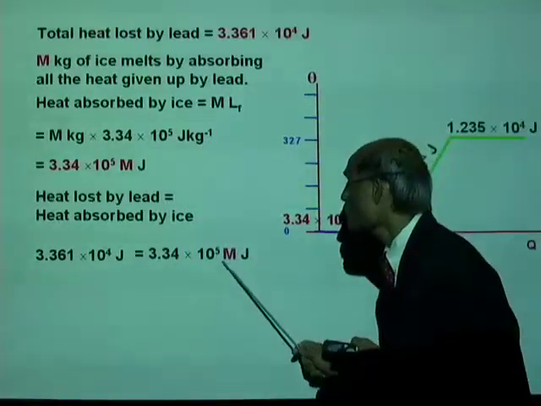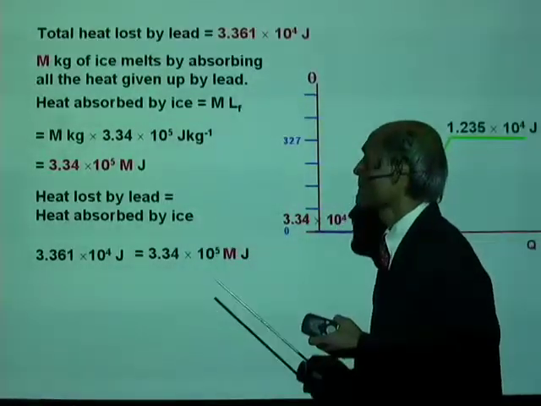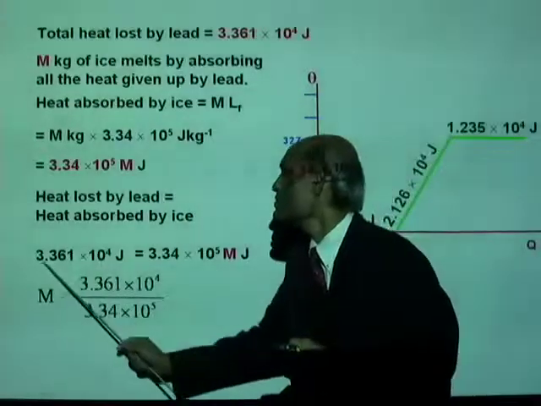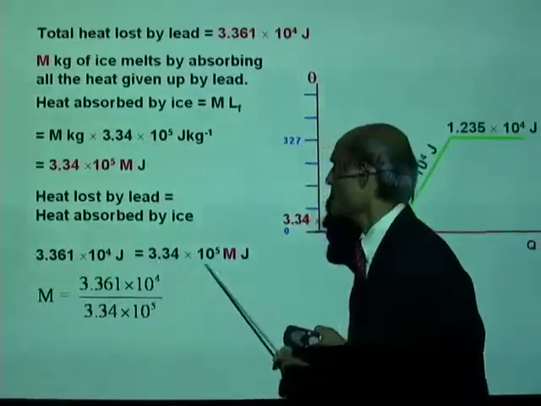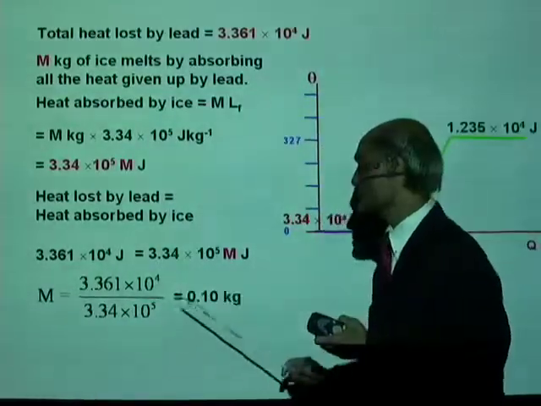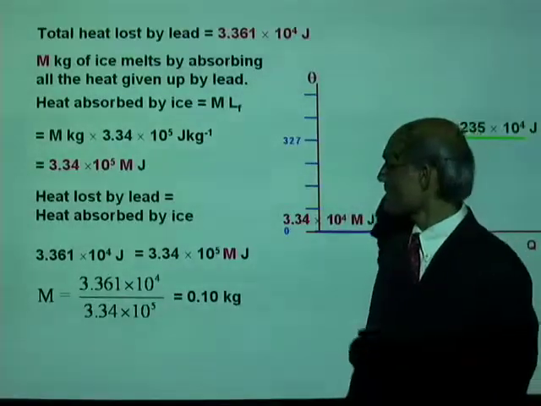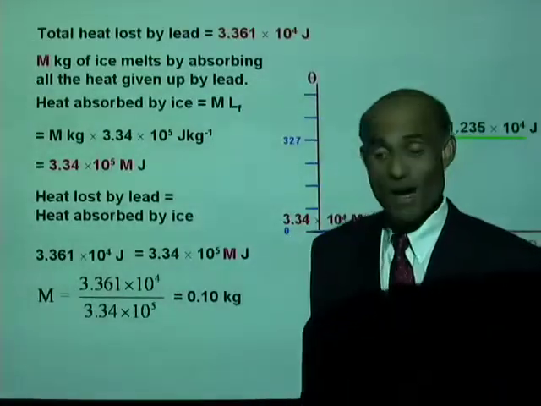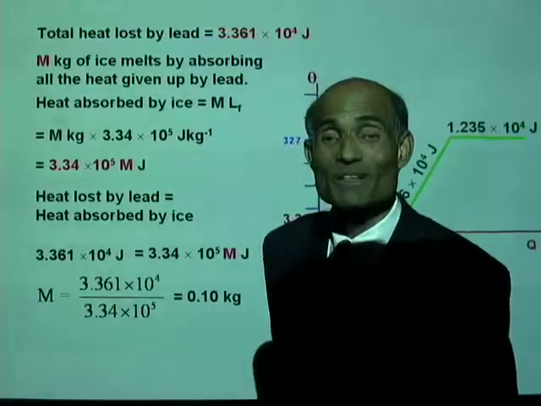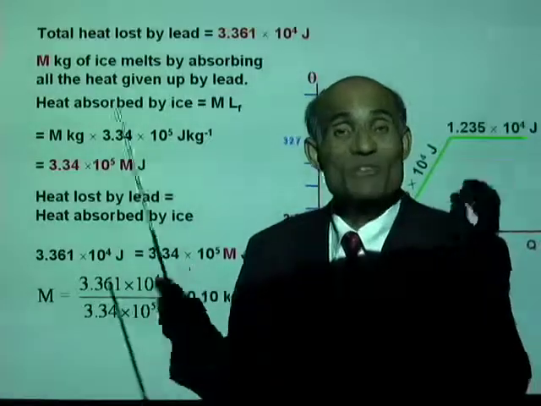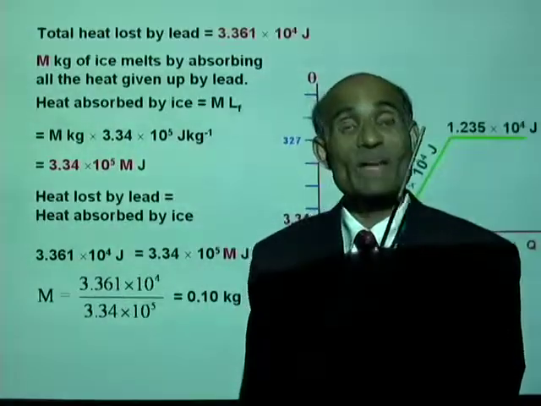Can you solve for m from here? M will be this number divided by this number, and that's equal to 0.1 kilogram. Only 100 gram of ice melts by using all that energy.